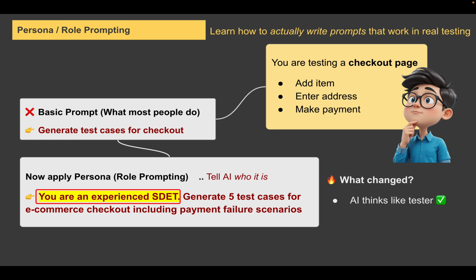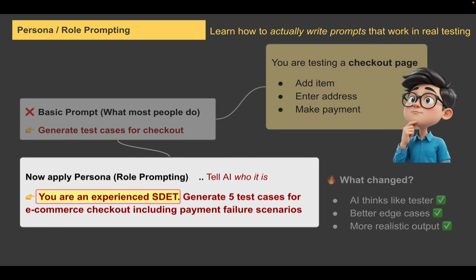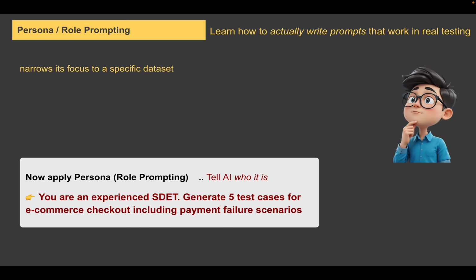AI would otherwise have to check a lot of data sets, but when you give a role, when you give a persona, the data set that it has to check and prepare the output becomes very small, and it gives you much better responses, faster and more efficient, and the responses are much more useful. Okay, so this is how we add role or persona to our prompts, and this is called role prompting. Alright, so you can see it will make the output much better.